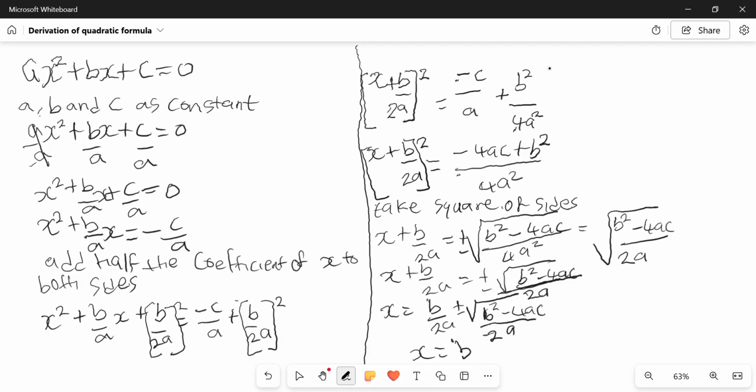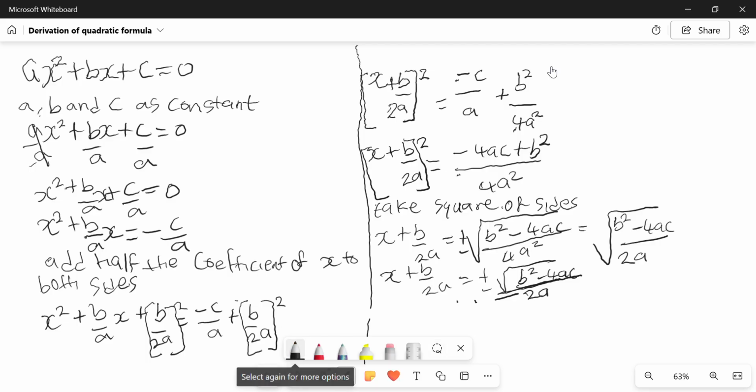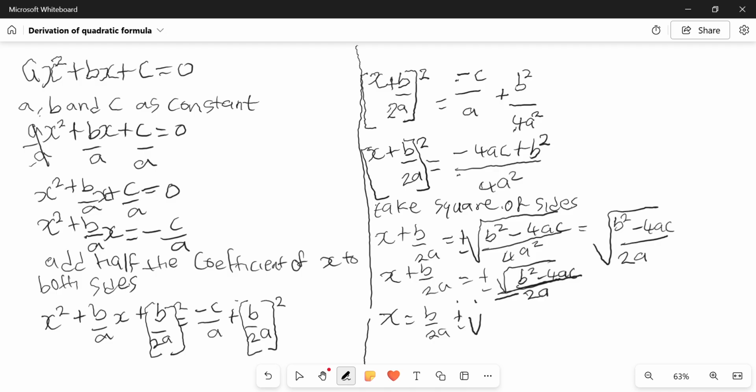So this becomes x equals minus b all over 2a plus or minus root b squared minus 4ac all over 2a.